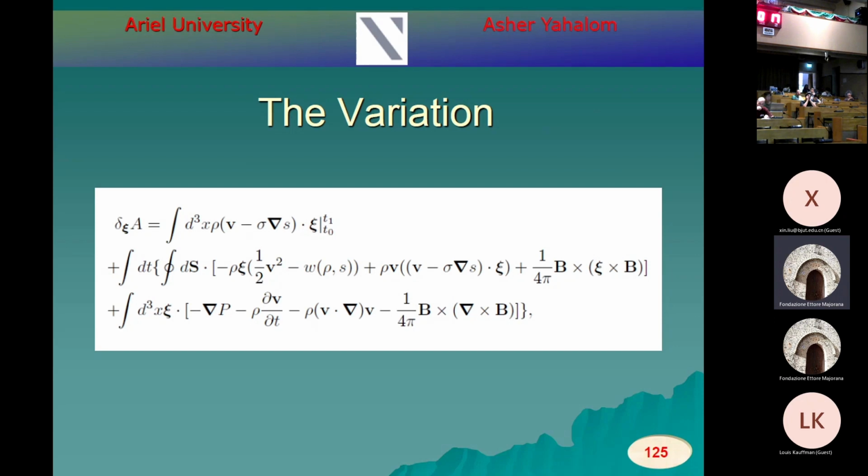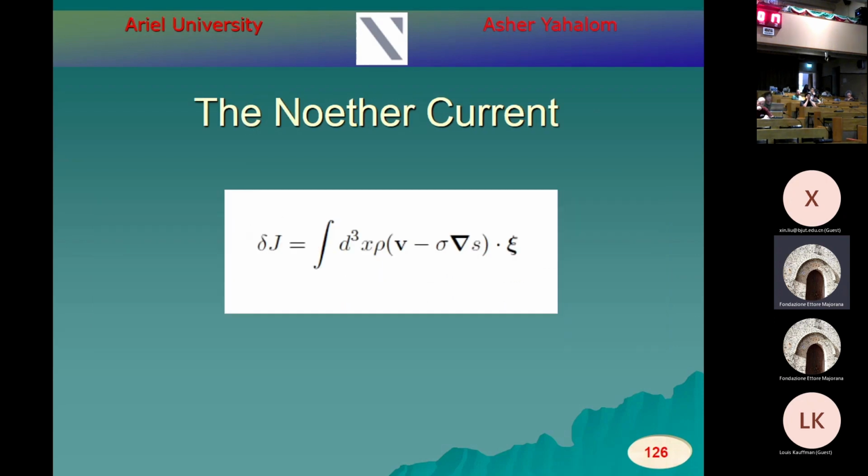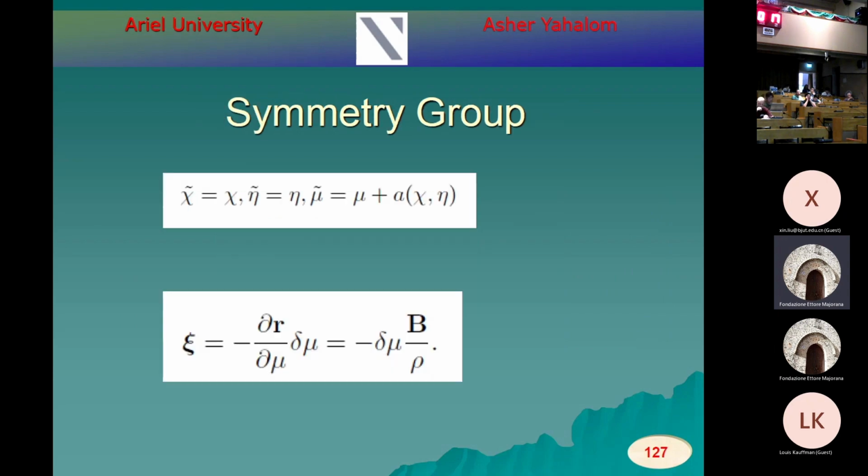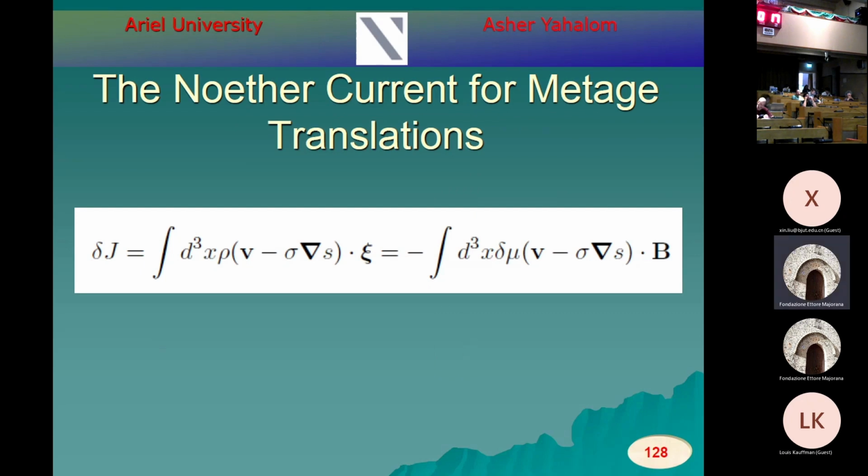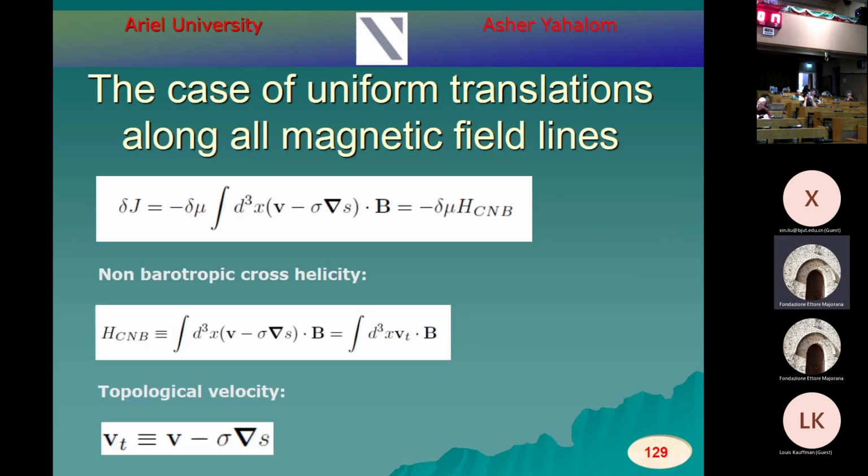But again, boundary conditions satisfied, equations satisfied, you have a Noether current. And this is the Noether current for the non-barotropic case. And the symmetry group is the same. And you get this. So you have a non-barotropic cross-helicity through the Noether analysis.